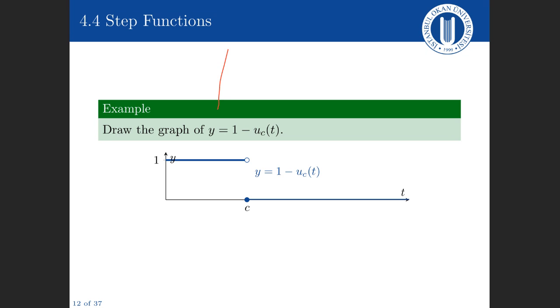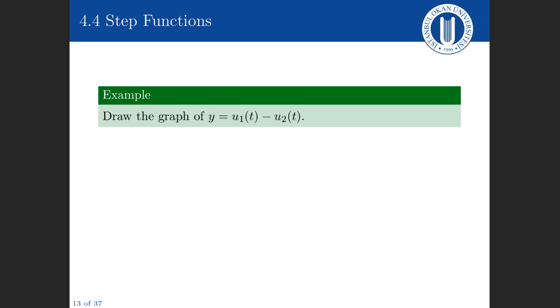The graph of uc from the previous page, it was 0, and then it jumped up and it was equal to 1. If we do 1 minus this, 1 minus 0 is 1, 1 minus 1 is 0. So instead, we just have the function which is 1 between 0 and c, and then it jumps down and it's equal to 0 all of the way from c to infinity.